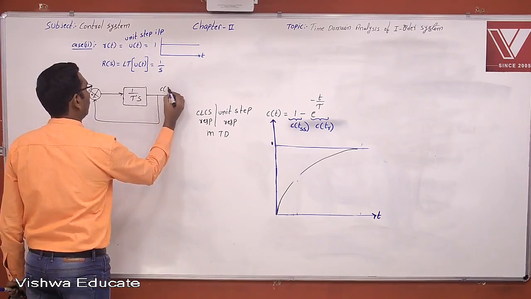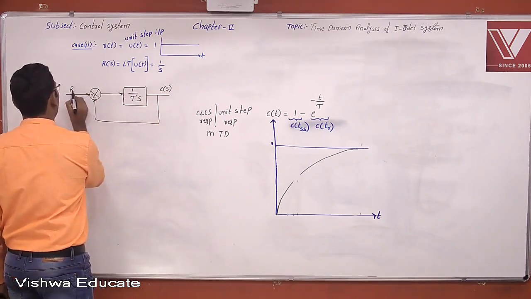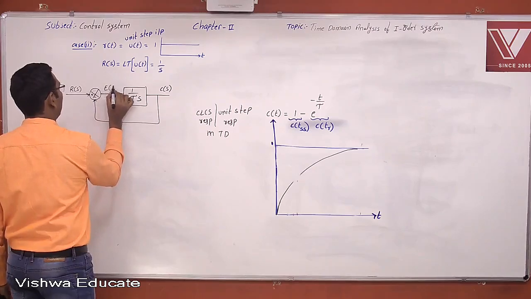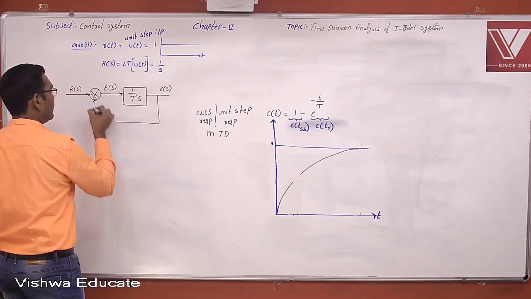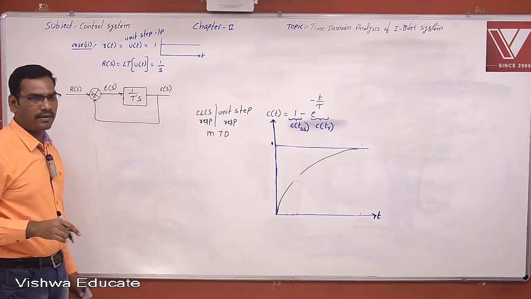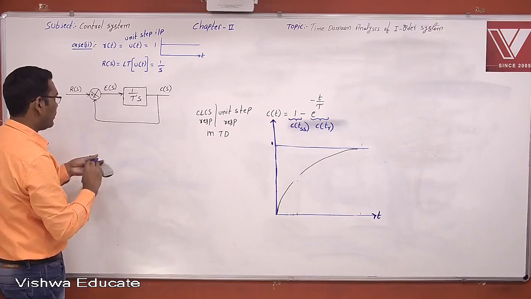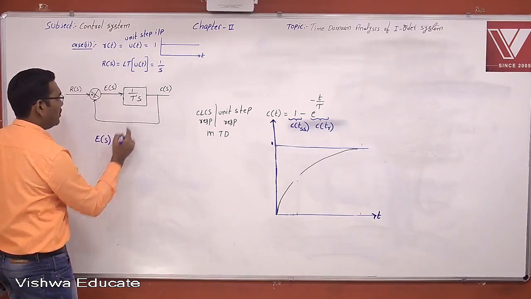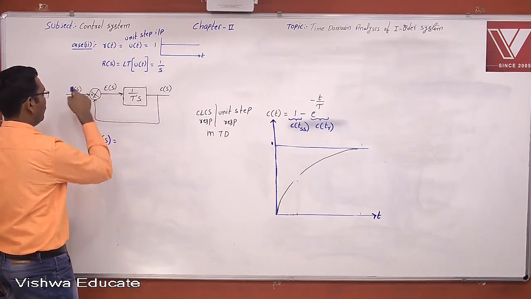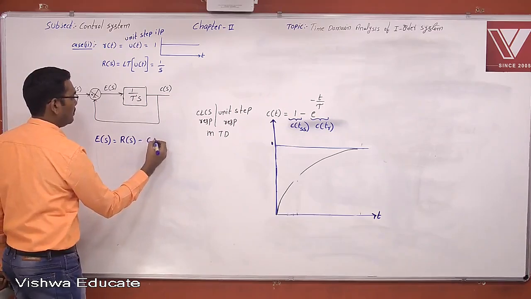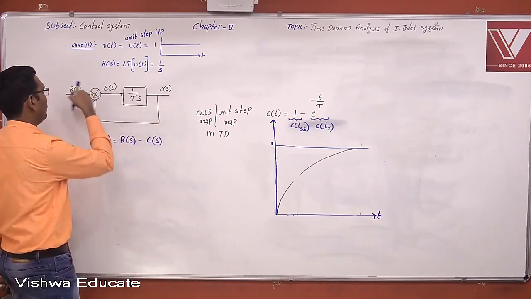This is C of S, this is R of S, and this is E of S. What is the error definition? Error is the deviation of the output or processed output from the reference level: R of S minus C of S.